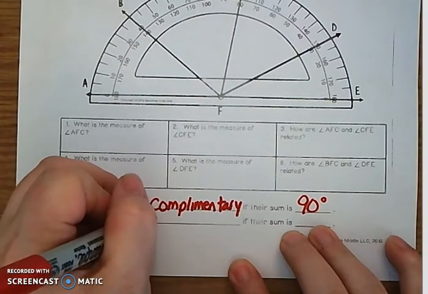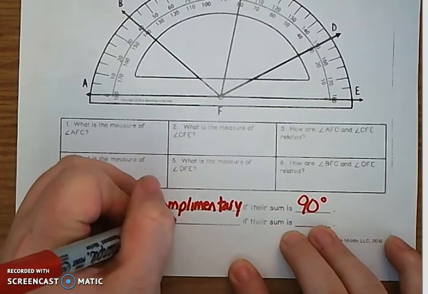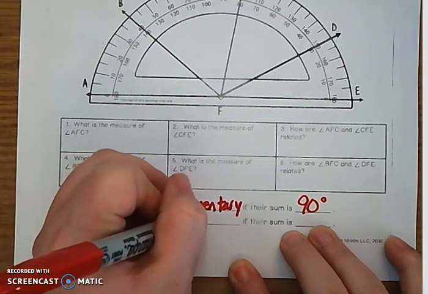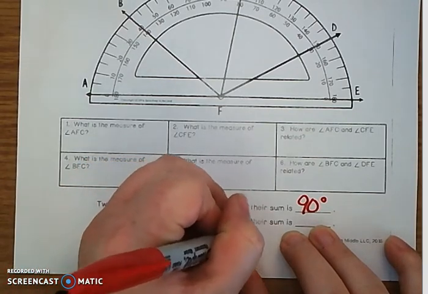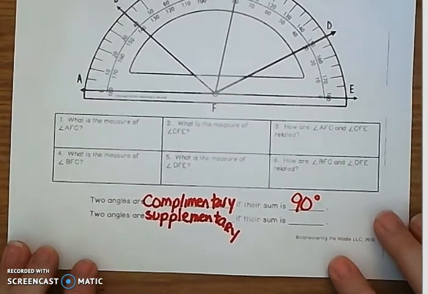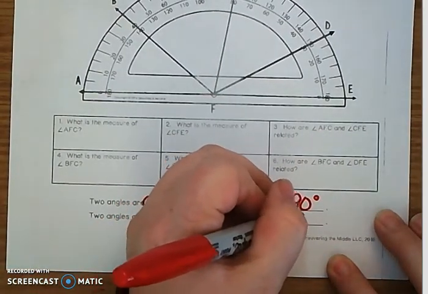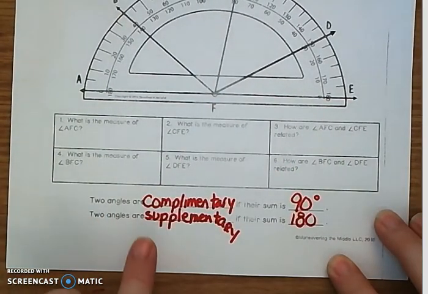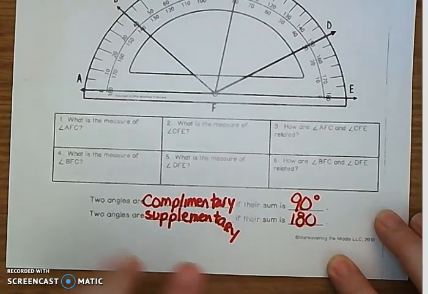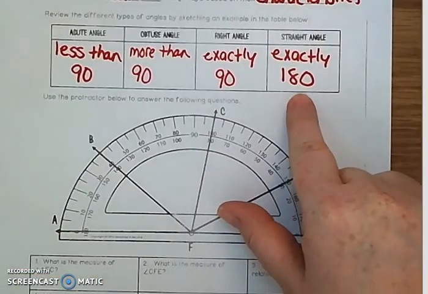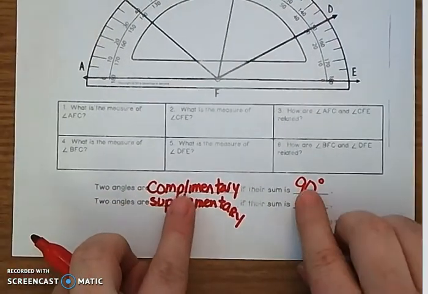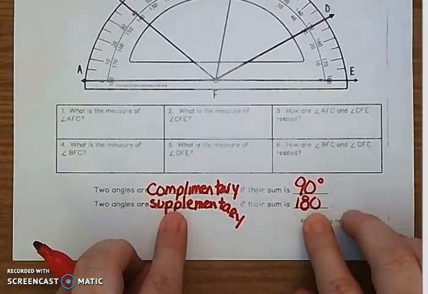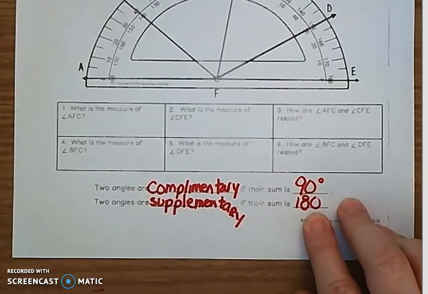Two angles are supplementary if their sum is 180. The way I remember that is supplementary is straight, and straight is 180. So two angles that equal 90 are complementary. Two angles that equal 180 are supplementary.